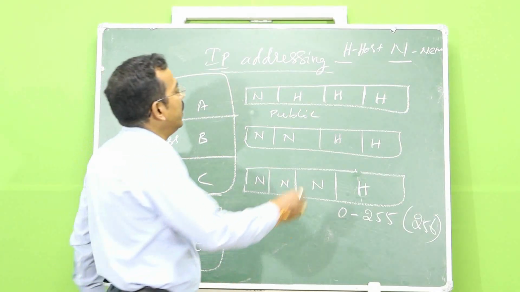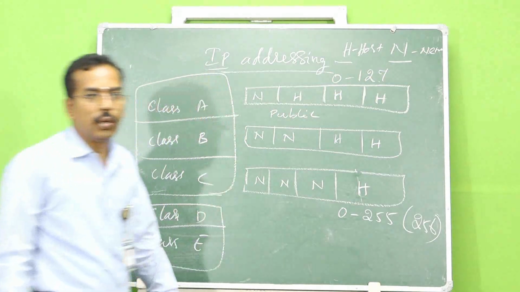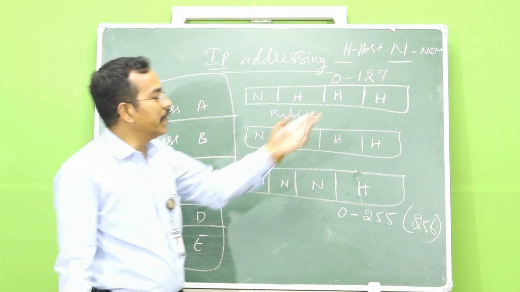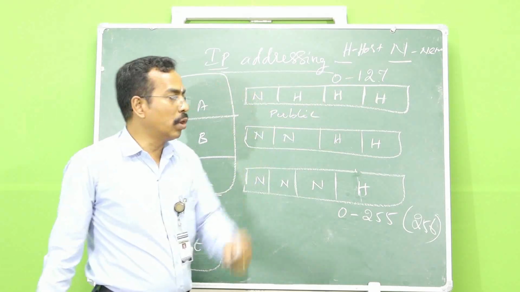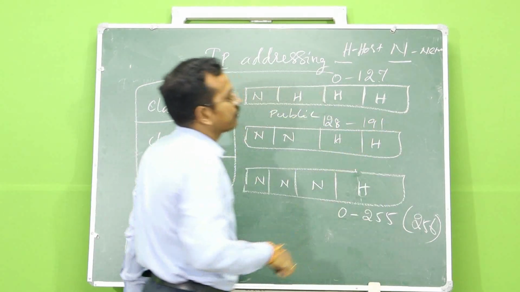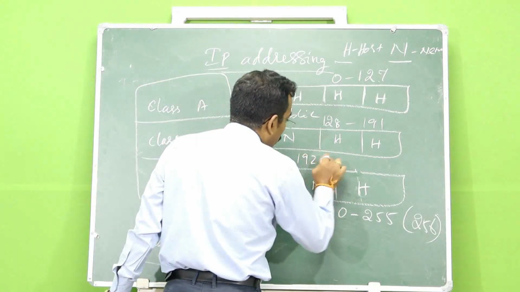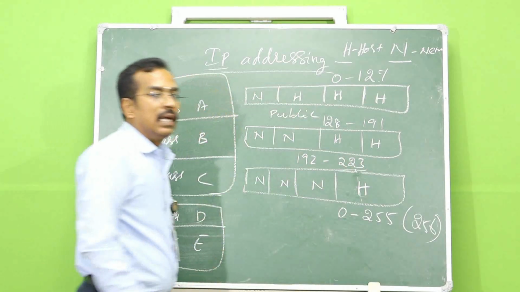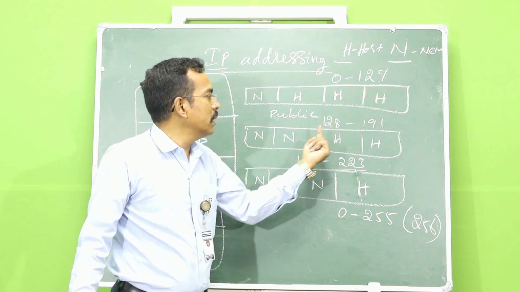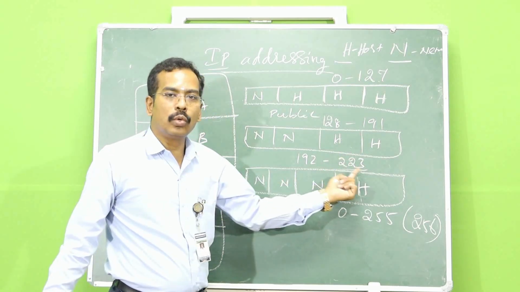When the address is from 0 to 127, that is 128 values, it will be called class A. Whatever IP address starts from 0 to 127 is class A. 128 to 191 will be called class B. 192 to 223 will be called class C. So if any address is between 0 and 127, it is class A; 128 to 191, class B; 192 to 223, class C.